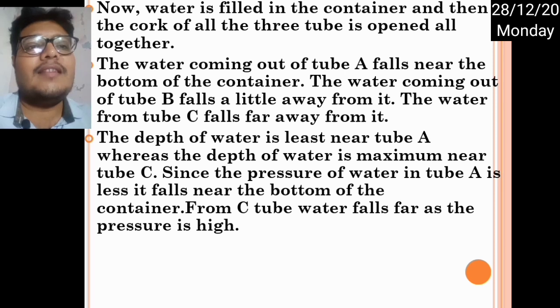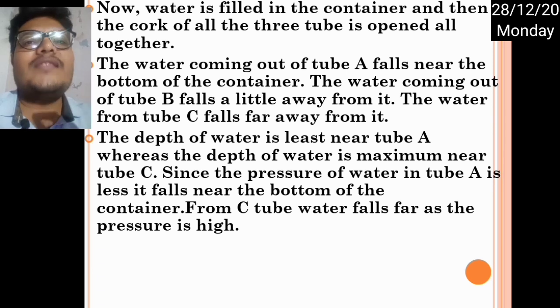Since the pressure of water in tube A is less, it falls near the bottom of the container. But from tube C, water falls far as the pressure is high.